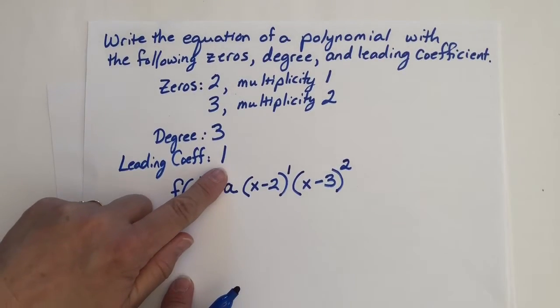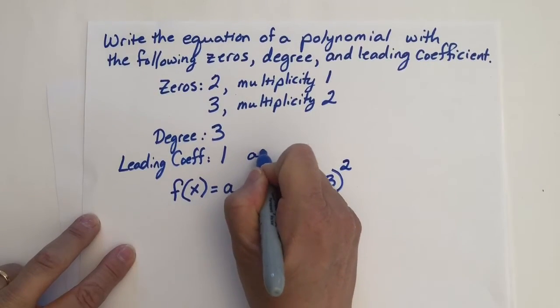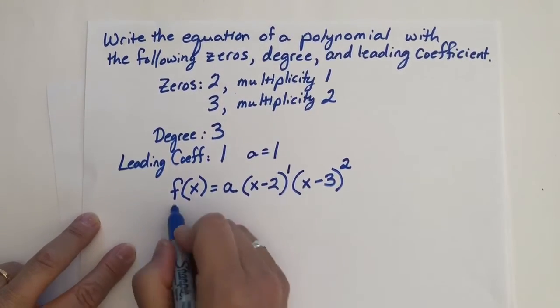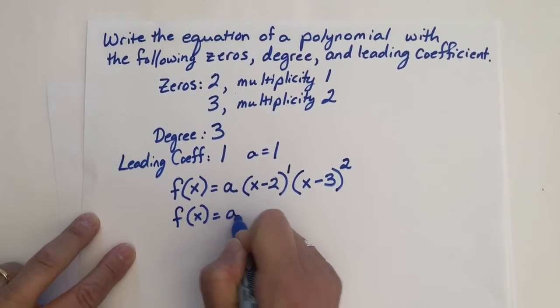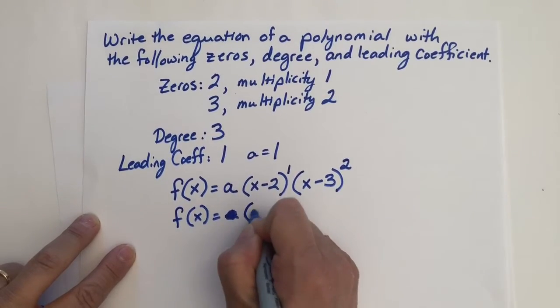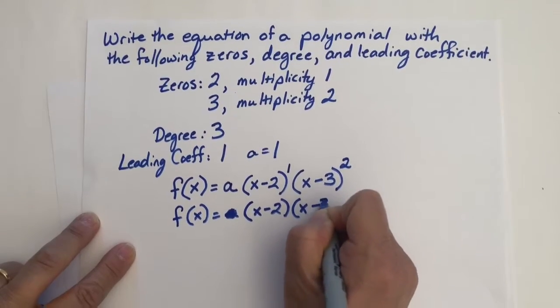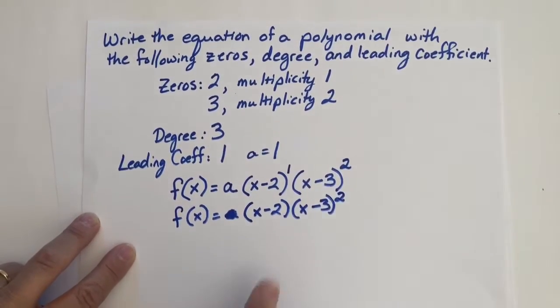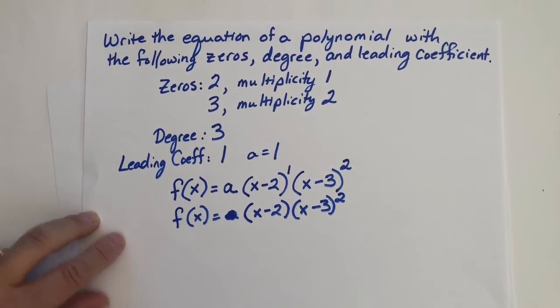Since we know the leading coefficient is 1, that's telling us that a equals 1. And our polynomial then looks like this: x minus 2 times x minus 3 squared. We could multiply that out if we needed to, but let's not take the time to do that.